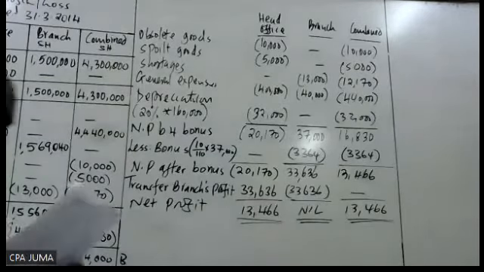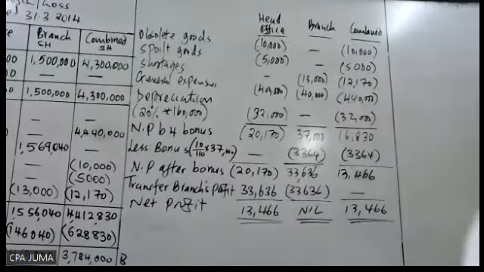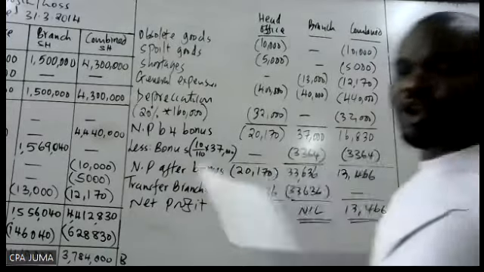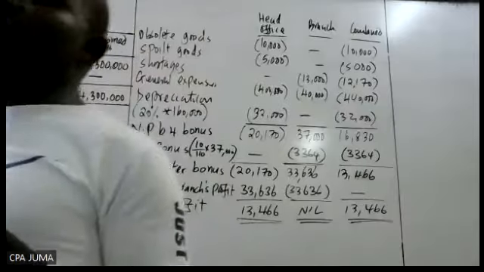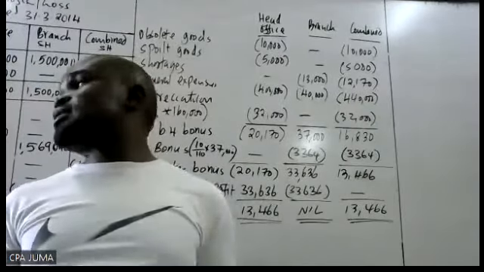Yes, you can see it. This is how much? Head office current account, how much do you see? 281,040. So according to the branch, they owe head office 281,040.